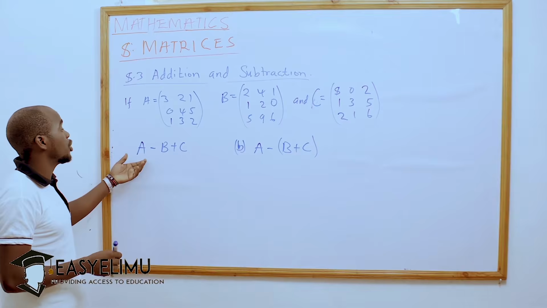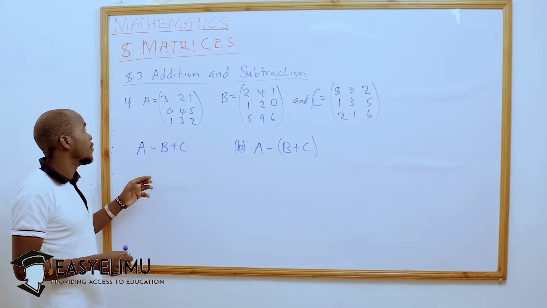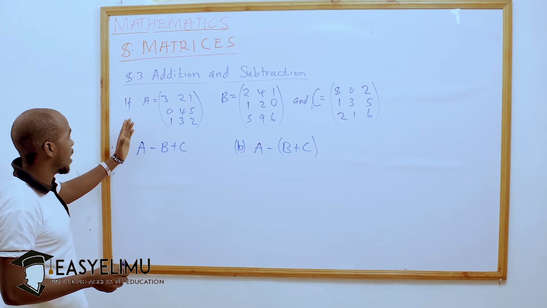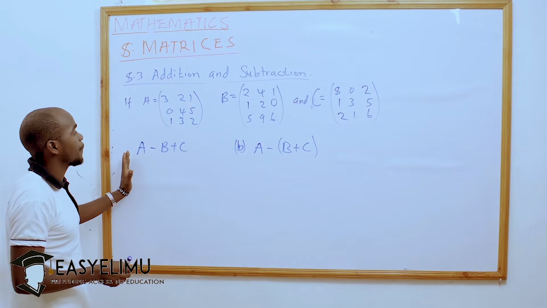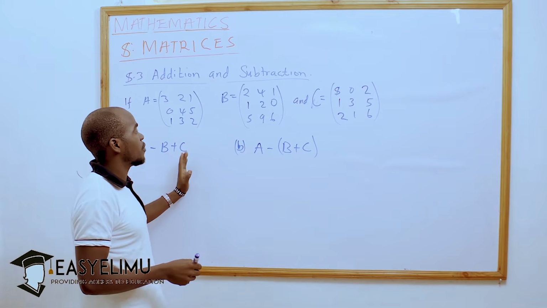Here, you will write the matrix of A, then minus that of B, minus that of C.